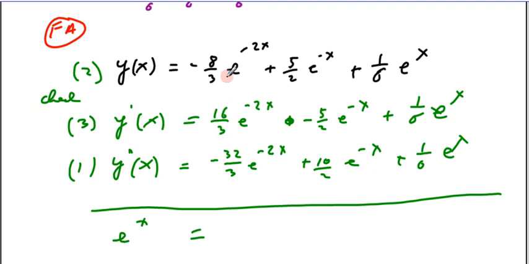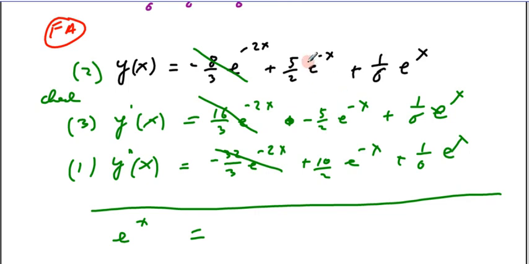Okay, so I've got 16 over 3, and I have 32 over 3. So 16 plus 32 is 48 over 3. 3 goes into 48 16 times, so that term goes away.